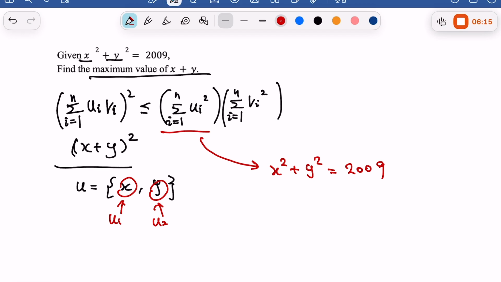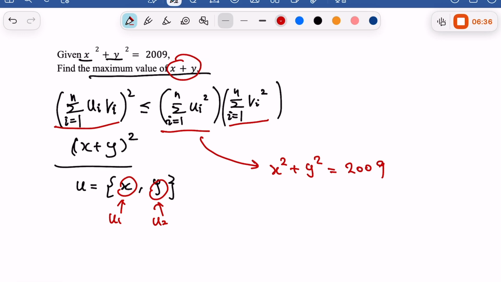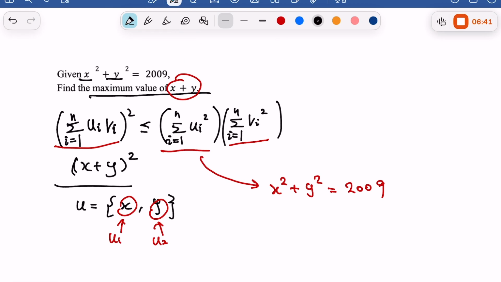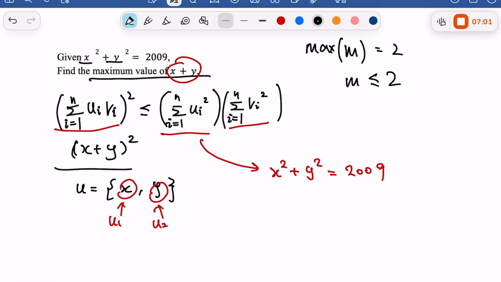Okay, so at this stage, you really want to think what can I do to make either this part or that part have a term x plus y. When something has a maximum, let's say if the maximum value of m is 2, that means m cannot be bigger than 2. So in this case, we really need to consider how x plus y will be on the left side, because that will give us the correct inequality that we want.